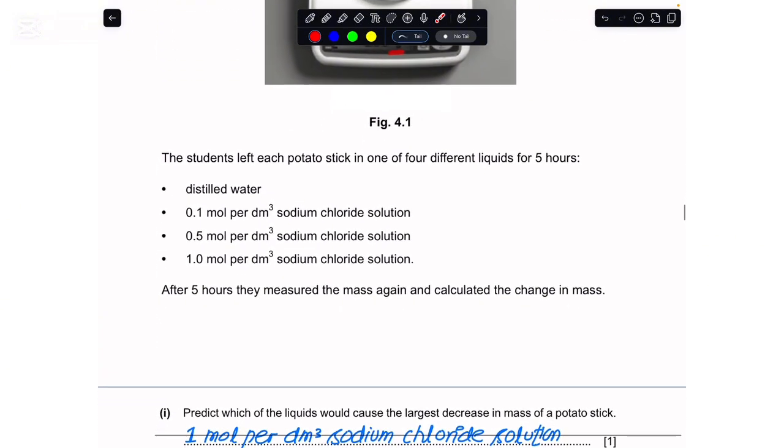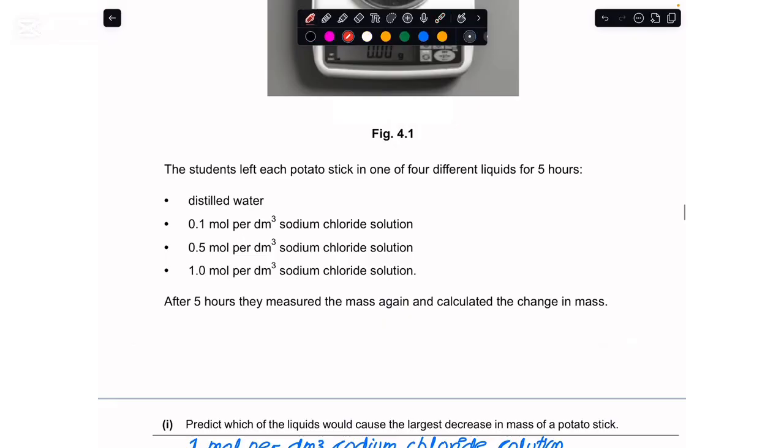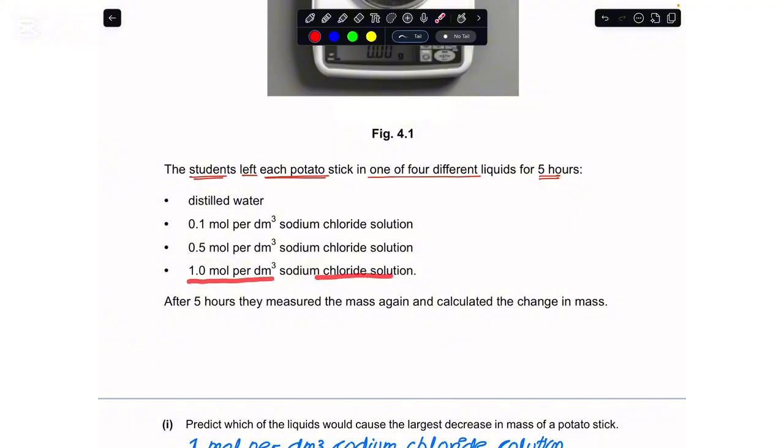Moving onward, these students left each potato stick in one of 4 different liquids for a total of 5 hours. Here we have distilled water, 0.1 mole per dm cube sodium chloride solution, then 0.5 mole per dm cube, and lastly 1.0 mole per dm cube sodium chloride solution.